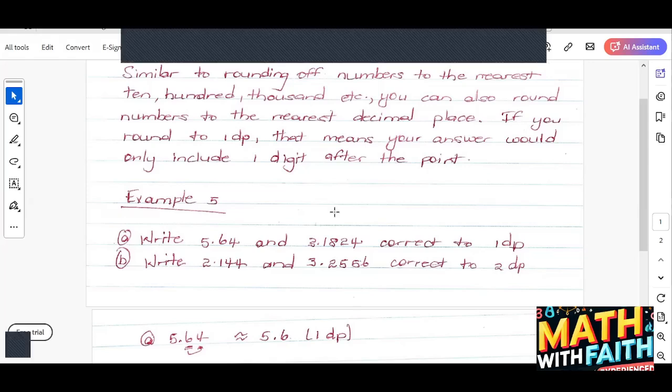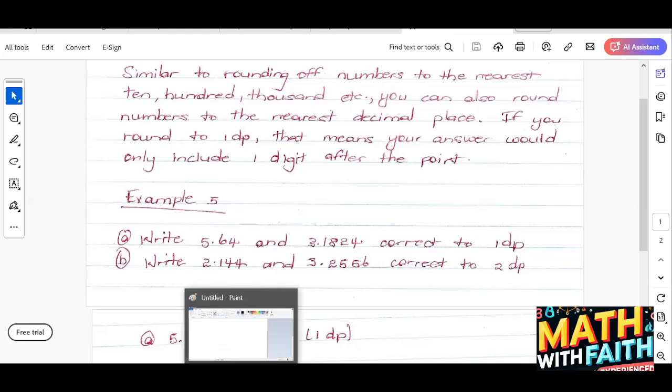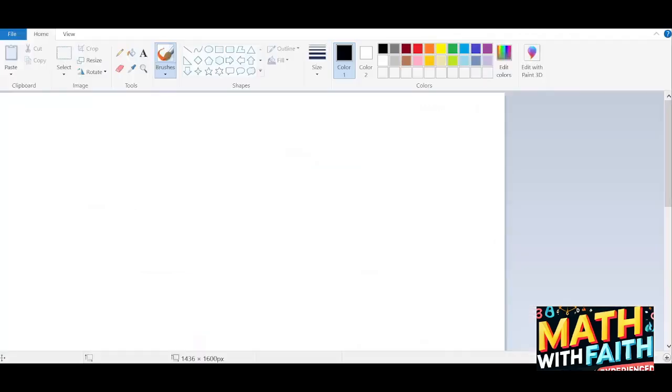And the second one is to round off to 2 decimal places. So let's do this as an example, similar to how we would have done it when rounding off to the nearest 10, 100, 1,000, etc. The first one says 5.64 to 1 dp.